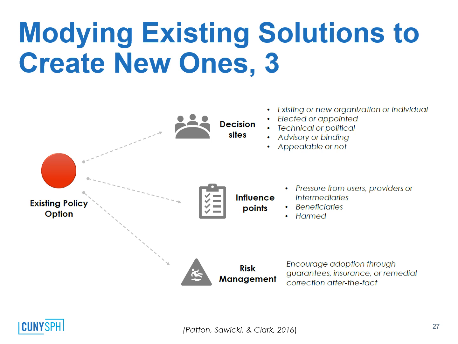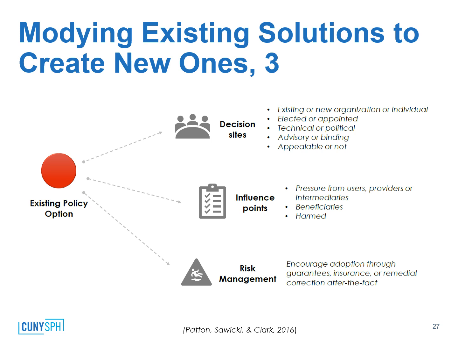Under the third group of modification techniques, we consider decision-making and operational environments. Under decision sites, we would consider who makes or enforces the decision, whether that be elected officials, technical experts, advisory boards, and this might affect legitimacy and speed. Under influence points, we would consider pressure points like advocacy groups, service providers, or beneficiaries that shape how a policy is received or resisted.